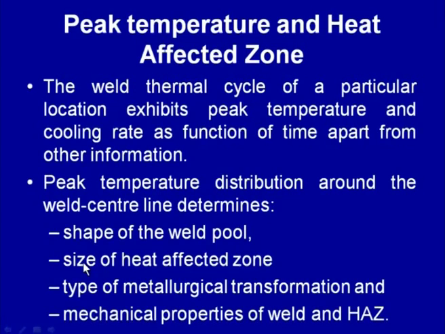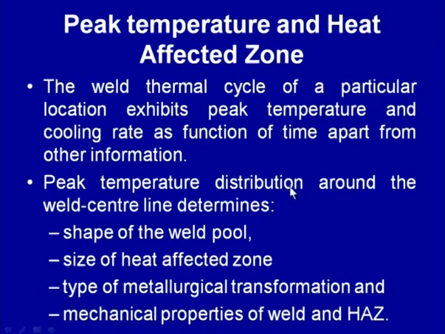Further, if the peak temperature distribution is such that too high a temperature is observed up to greater distances from the fusion boundary, then this will result in a wider heat affected zone, or the heat affected zone size will be more.